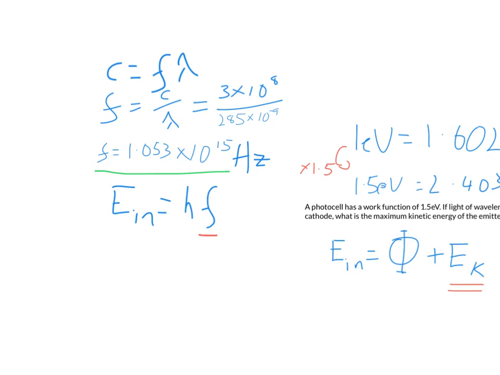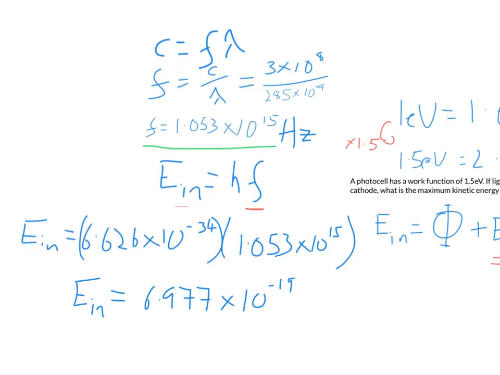Now we're in a position where we can put it into our formula for the energy of the photon using Planck's constant. So we'll sub that in here, and that will work out to give us a total energy for the incoming photon of 6.977 by 10 to the power of -19, which we now know in joules.